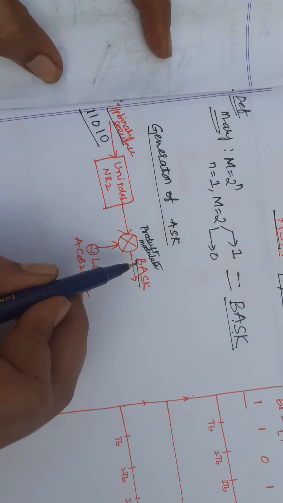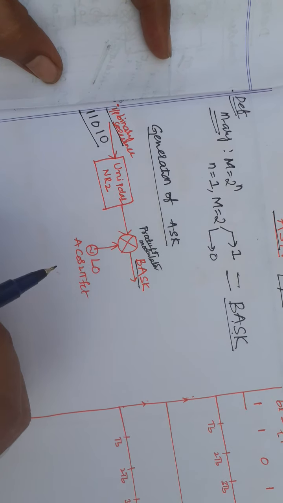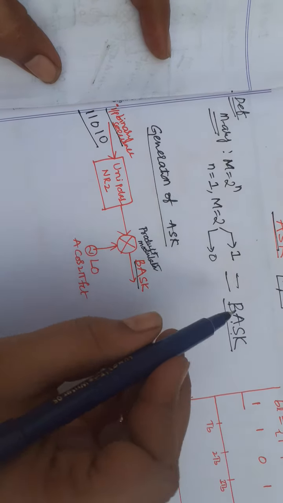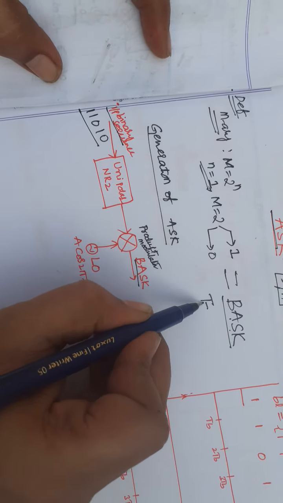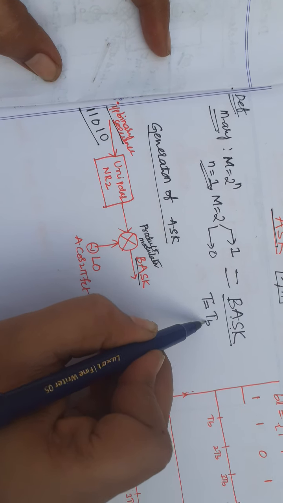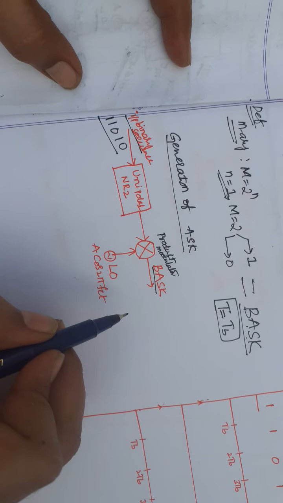In BASK there are only two voltage levels, that is bit 1 or bit 0, or symbol 1 or symbol 0. In this case, for n equal to 1, the symbol duration T is equal to the bit duration, right?